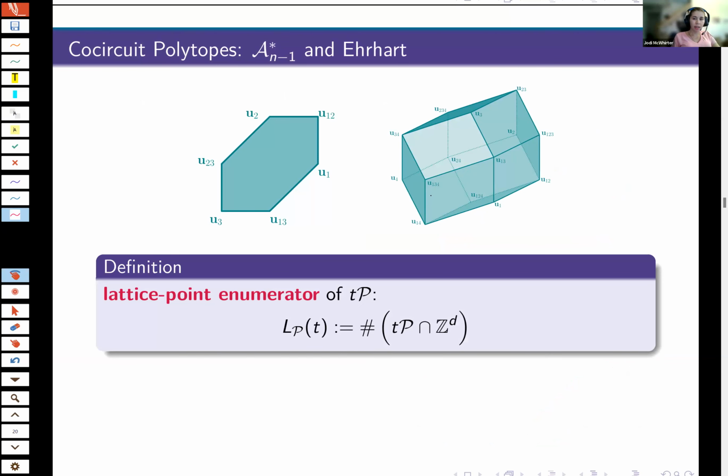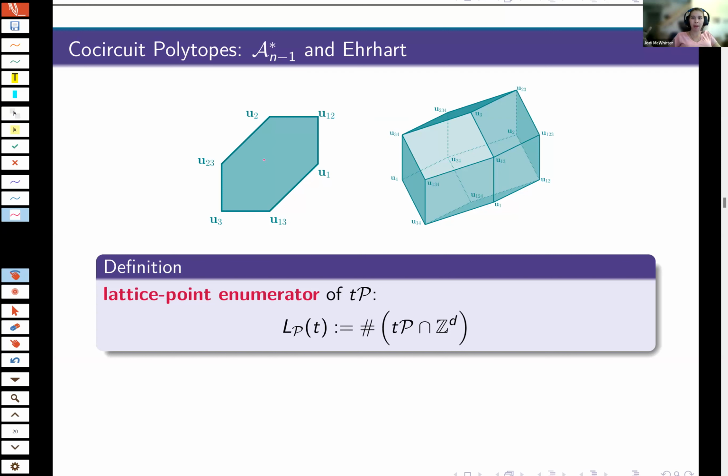Ehrhart theory starts with a lattice point enumerator. So what are we doing? We're taking some positive integer t, and we're multiplying every point in our polytope by that positive integer t. If I multiply by 1, I just get my polytope back. If I multiply by 2, I get something a little bit bigger, and this is called the second dilate of my polytope.